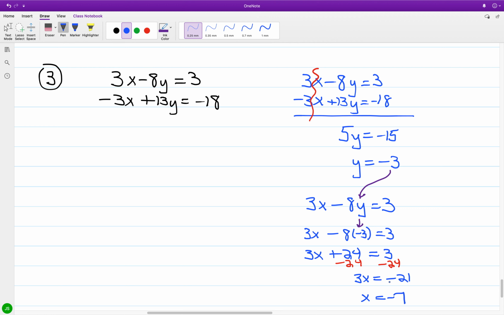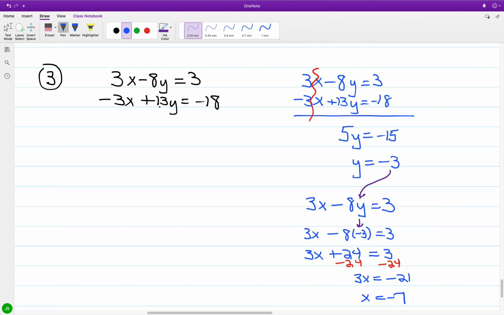So we have x at negative 7 and y at negative 3, and I can always check the results. You have 3 times negative 7 is negative 21. Negative 8 times negative 3 is going to be a positive 24. Negative 21 plus 24 is equal to 3. Likewise, for the other equation, negative 3 times negative 7 is going to be a positive 21, and 13 times negative 3 is a negative 39.